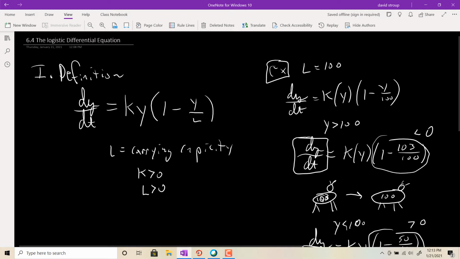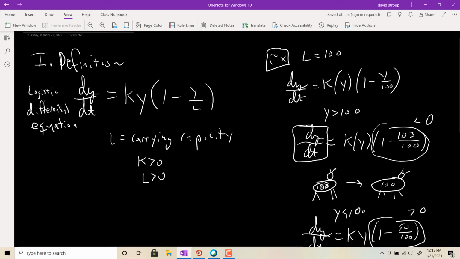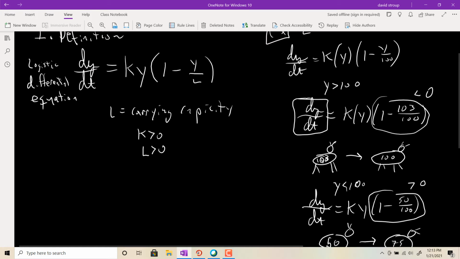It's more realistic. We want to go ahead and solve this to get the logistic equation. So this is the logistic differential equation, and we want the logistic equation, right? So I'm going to use separation of variables, and there's a little extra stuff we have to do that we don't know how to do yet, but we'll learn it later.